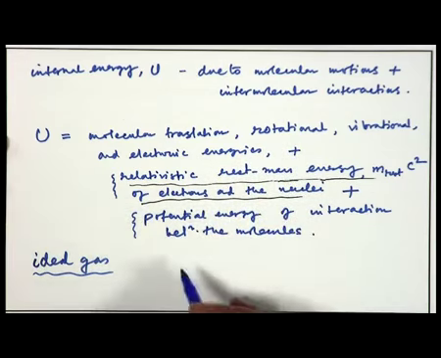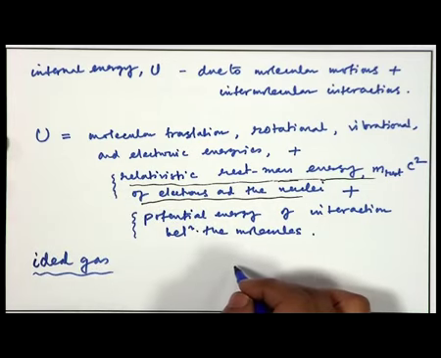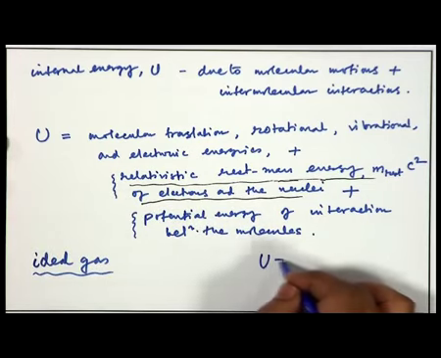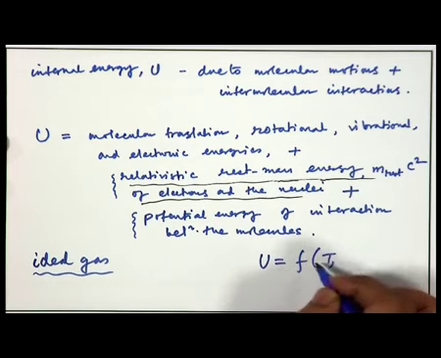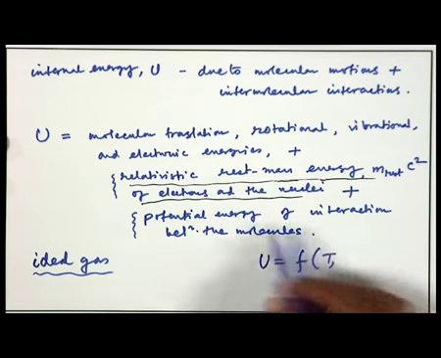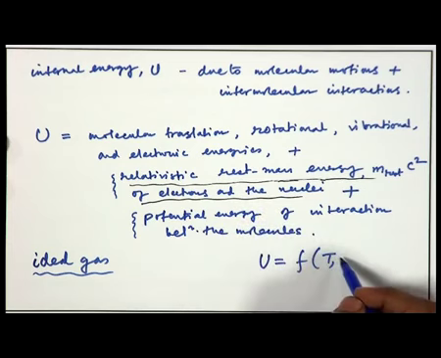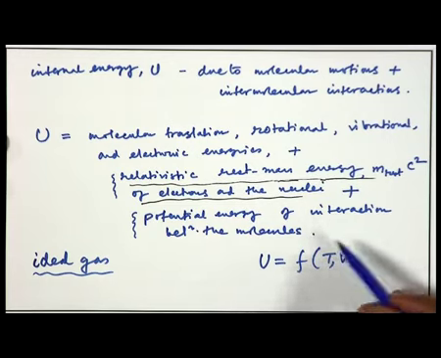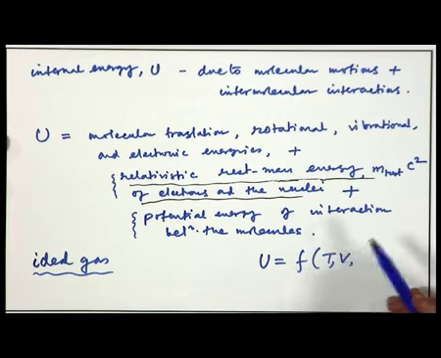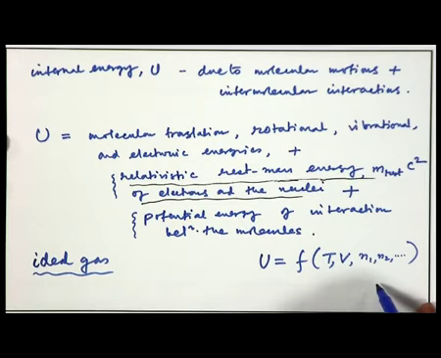So, if I talk about a general system, u would be a function of temperature and obviously the distance between the molecules, which is governed by either volume or P. And obviously, u is an extensive quantity. So, if you increase the amount of substance, u will also increase. So, you need to give the moles of the components present in the system.